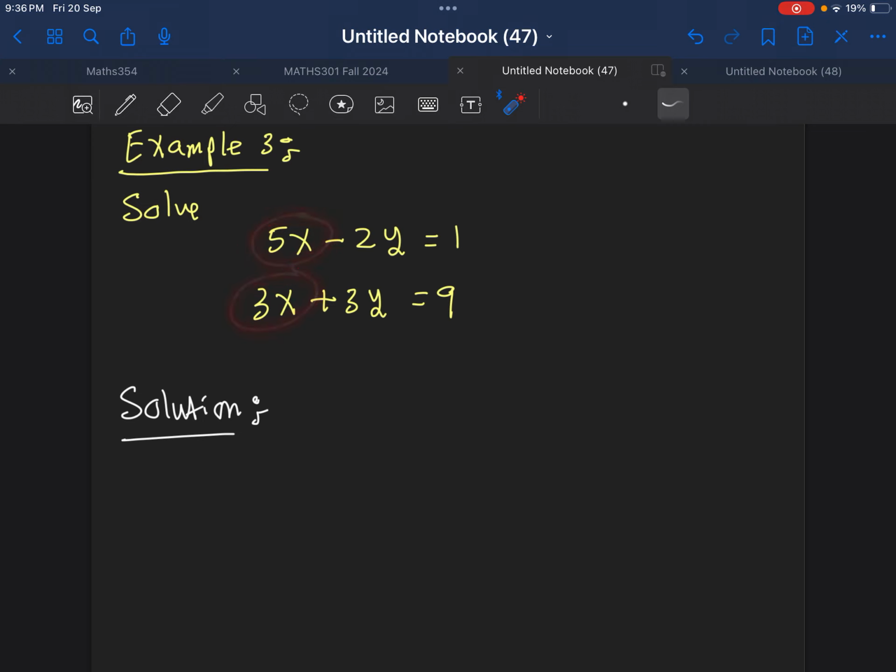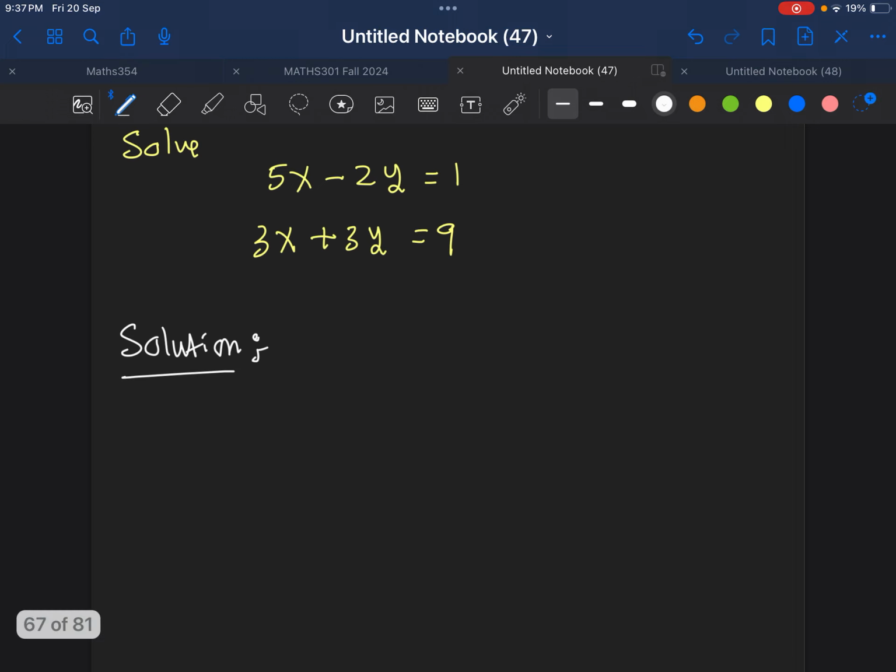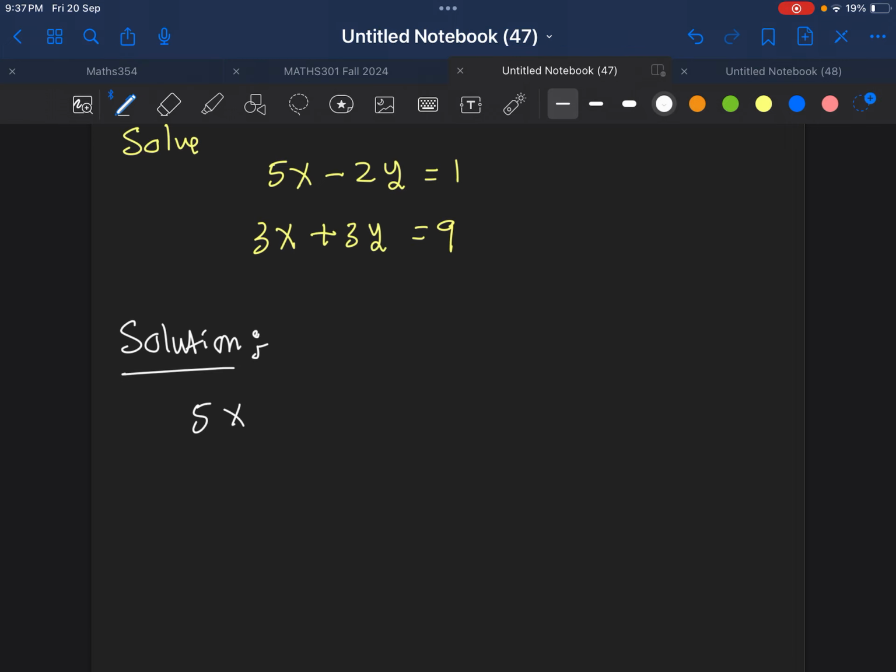So which number should I multiply the first equation with, and which number should I multiply the second equation with, so that the numbers in front of x will be the same? Well, the easy way is to multiply the first equation by 3 and the second equation by 5. Why? Because this will give me 15 and this will give me 15. So here we have to multiply both equations by different numbers.